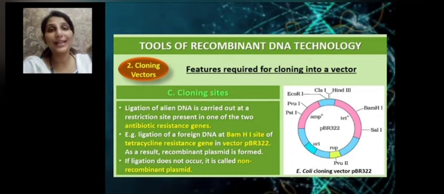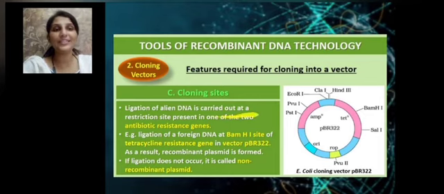These selectable markers are nothing but the antibiotic resistant genes which code for antibiotic resistance. And these are placed where the restriction enzymes cut and where the ligation of the alien piece of DNA is carried out. Is it clear?